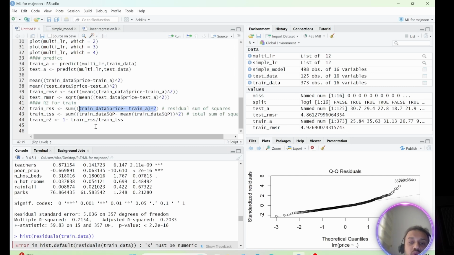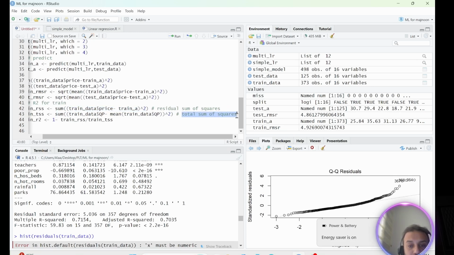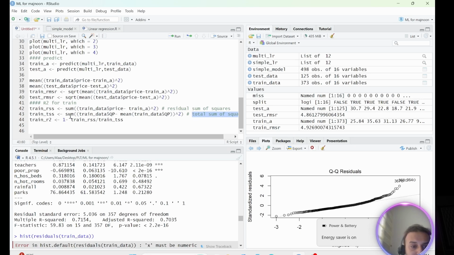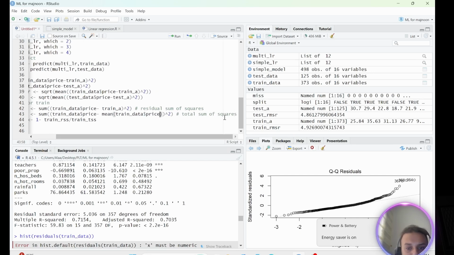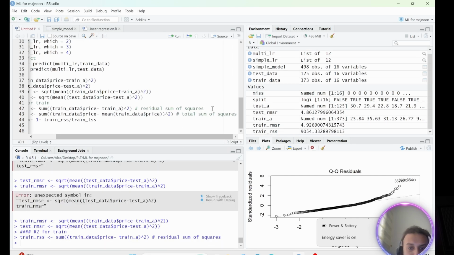So this is the residual sum of squares, and then we have to give it the total sum of squares. The total sum of squares is where our train data equals price, and our mean. If we run our model now, we will check the r square.